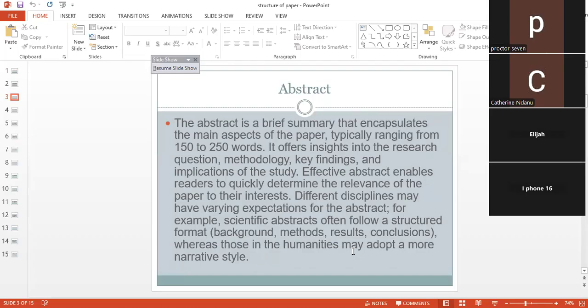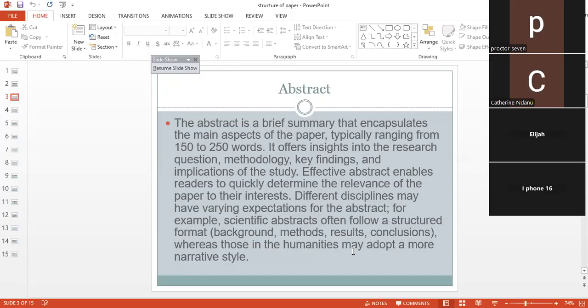Different disciplines may have varying expectations for the abstract. For example, scientific abstracts often follow a structured format. For example, they want the background, the methods, the results, the conclusions. Sometimes they also want theories. But those in the humanities may adopt a more narrative style.